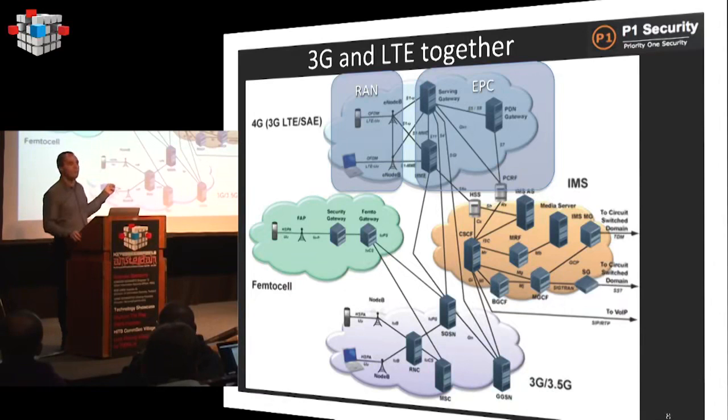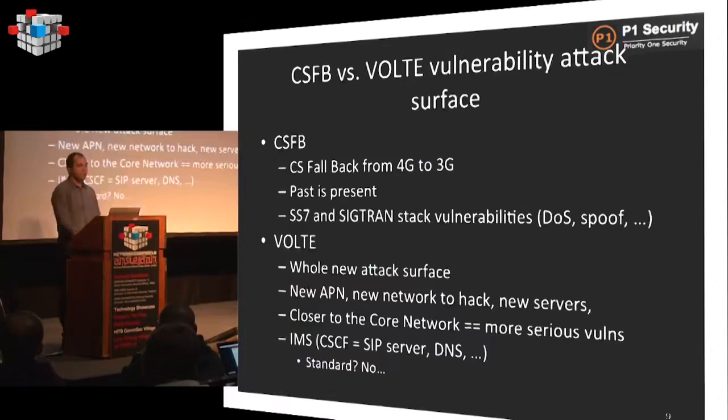What's missing here? 2G. Of course, if you have an operator that's only doing 3G or 4G, sooner or later it's going to be acquired by the ones who really have the big customer base. So the people who don't have it are doomed, so they all want to be compatible with their legacy. To support this legacy, the telcos have deployed one quite efficient thing called CS fallback.